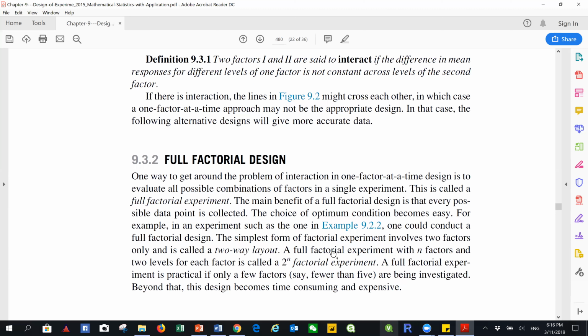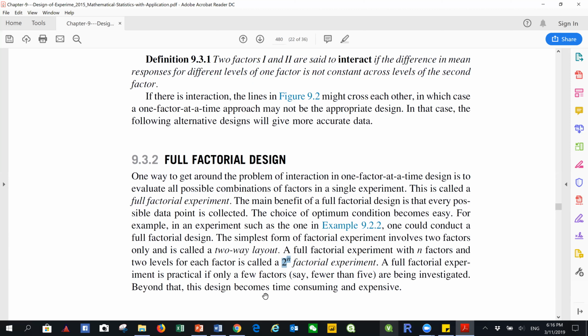If we have n factors and each factor has two levels, then you have to have 2 to the n power runs to be called a factorial experiment.